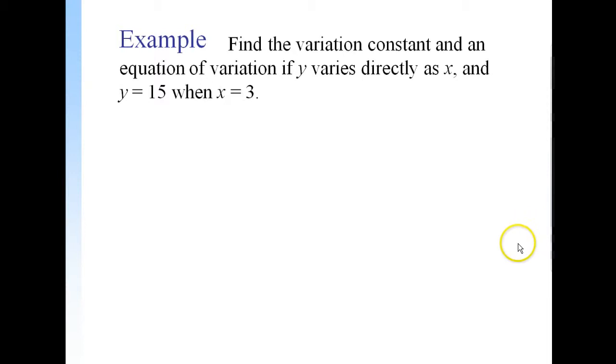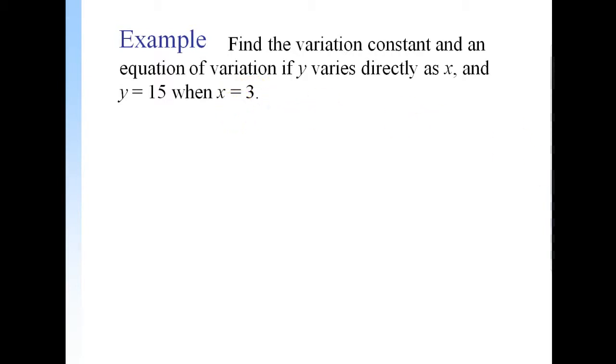Now you're going to get a number of examples, and they're all going to be based in a similar way. And let's take a look at this one. It says find the variation constant and the equation of variation if y varies directly as x, and y equals 15 and x equals 3. So let that sink in just a little bit.